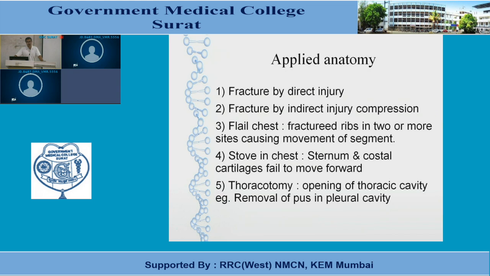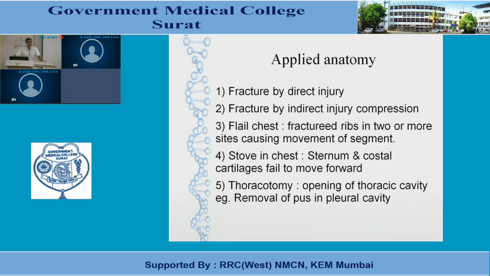Therefore, it will cause injury to the pleura, and there may be pneumothorax or hemothorax. This is direct injury, inward. But sometimes there is compression injury, pressure over the thoracic cage. If there is more pressure, there is fracture of the rib, but where?